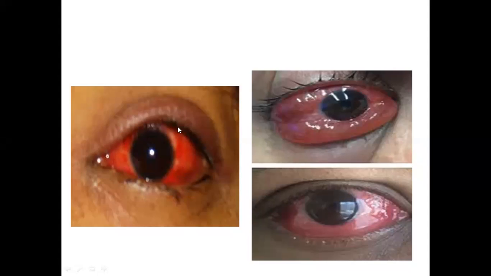Then you can see lid edema too, swelling of the eyelid around this area. Then you have what we call chemosis. Chemosis is the swelling of the conjunctiva. So that's another milder form down there. So that is it. Next slide, please.